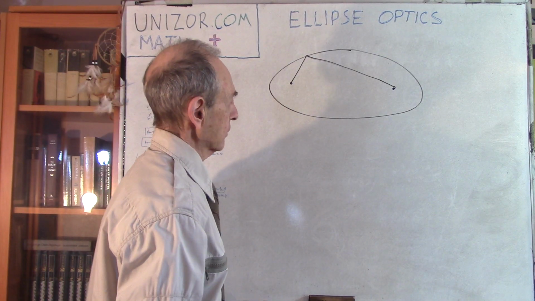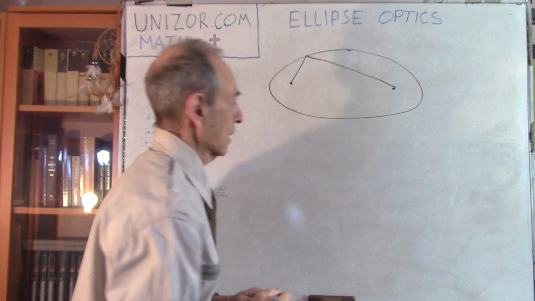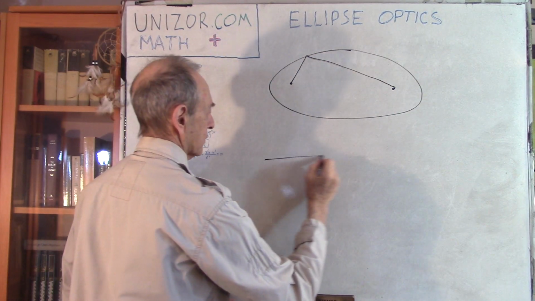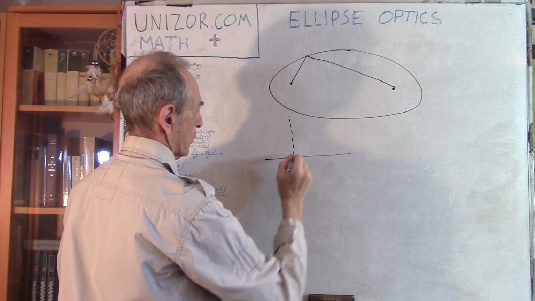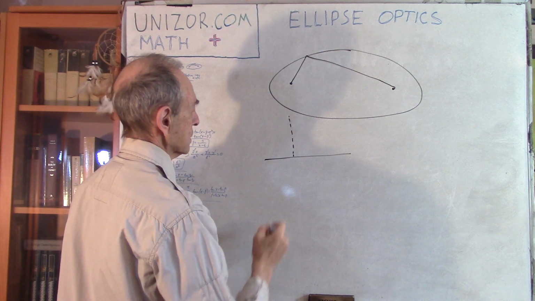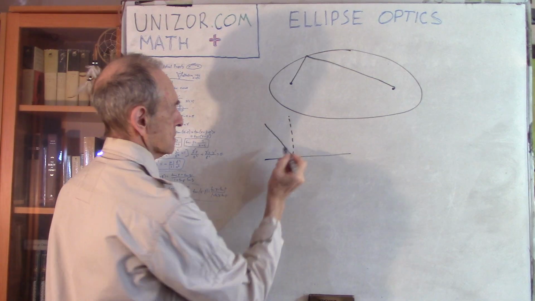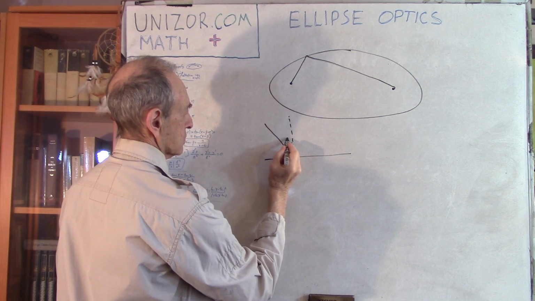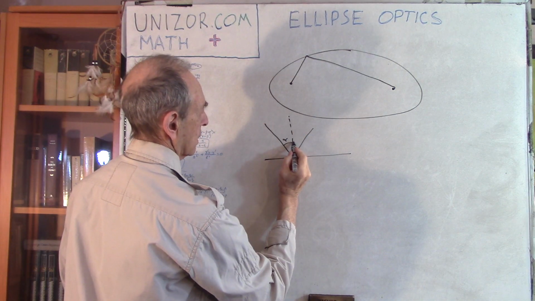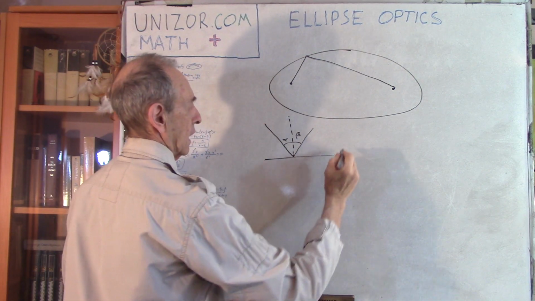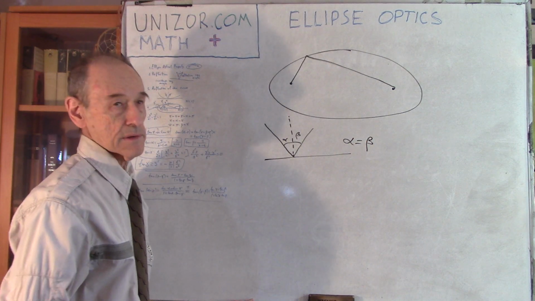Okay, now first of all, let's concentrate on the process of reflection. In case you have a straight line, and this is the perpendicular normal to this straight line, if you have a ray of light at a certain angle here, let's call it alpha, then it will reflect, and the law of reflection is that these two angles are the same.